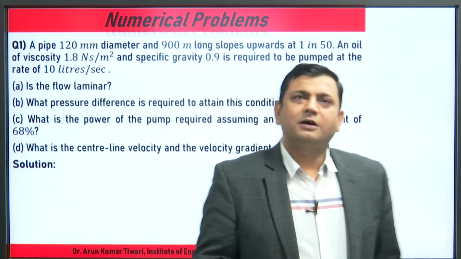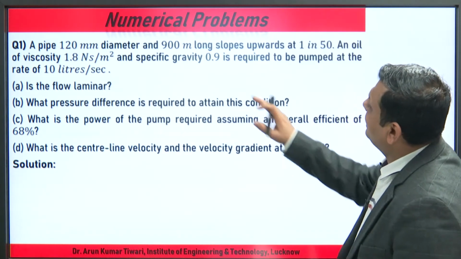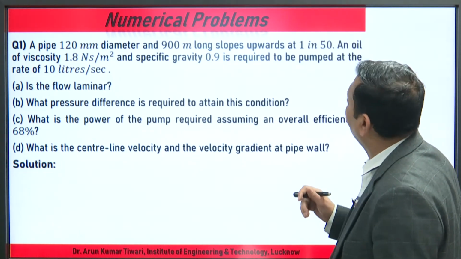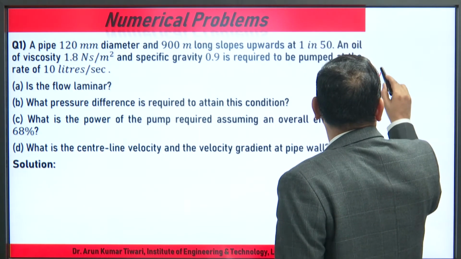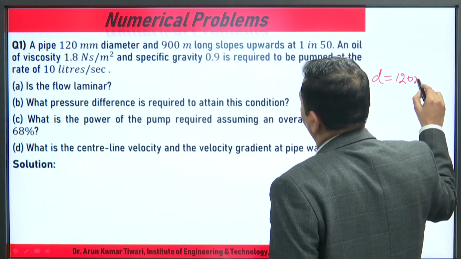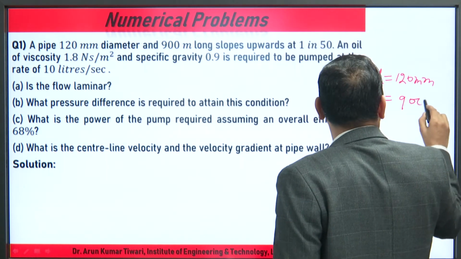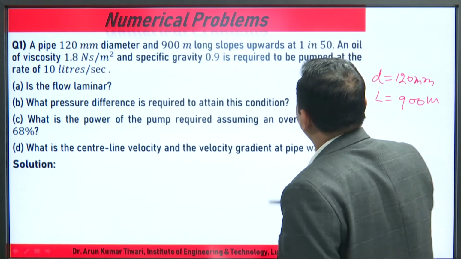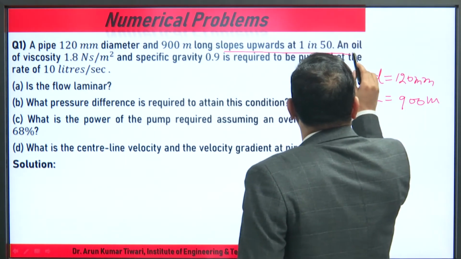If you see the pipe, 120 mm diameter and 900 meter long, slopes upward. The diameter of the pipe is 120 mm, the length is 900 meters. The slope, which is very important, is upward at 1 in 50.